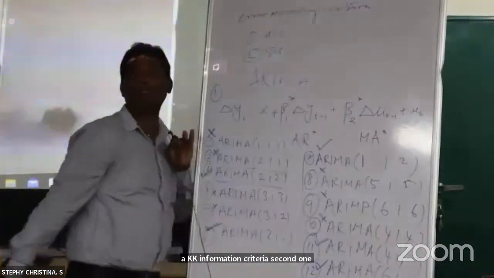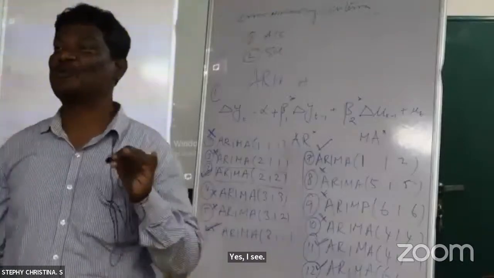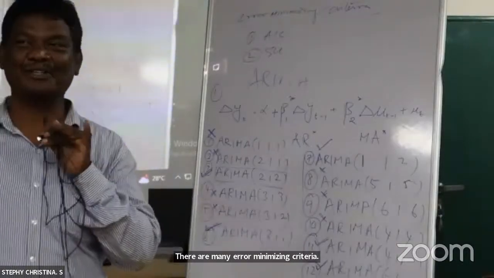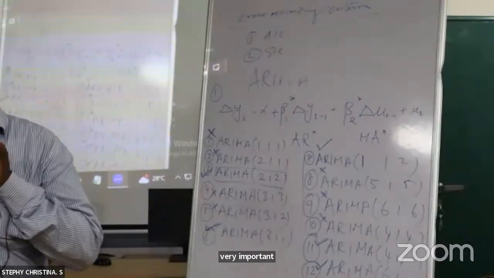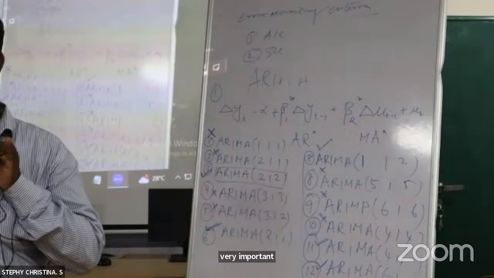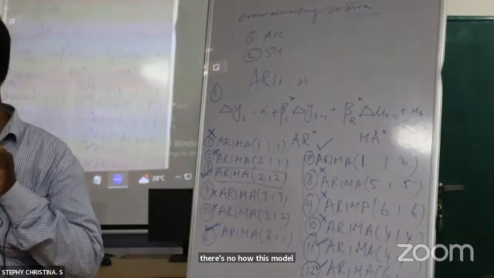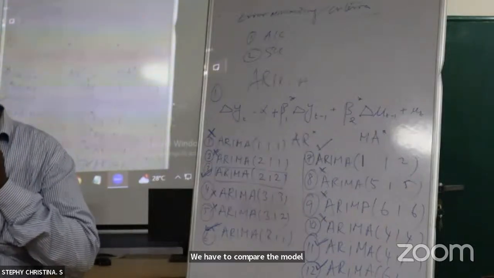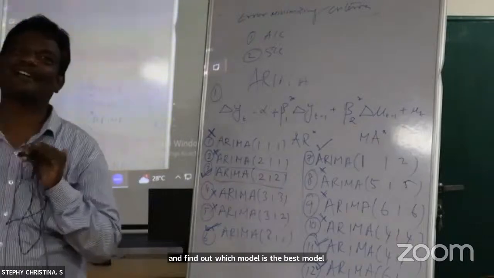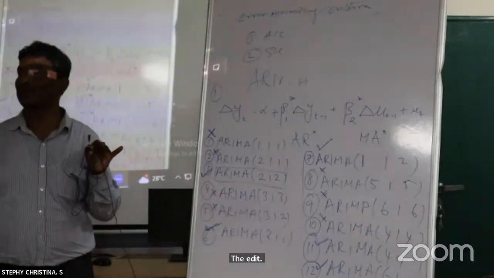SIC. There are many error minimizing criteria. SIC, Schwarz information criteria. Please make a note. They're very important. What is the purpose? You have to compare the models and find out which model is the best in minimizing the error. One is AIC, the other one is SIC.